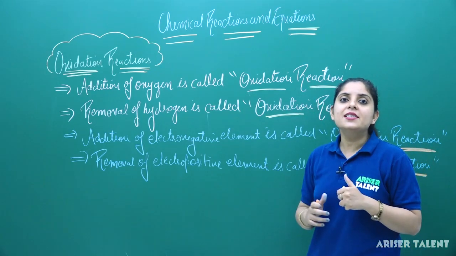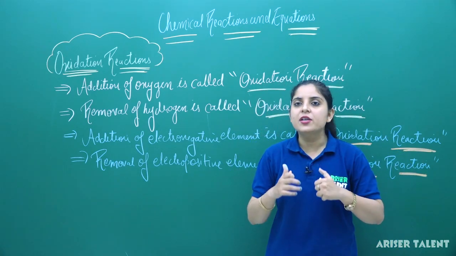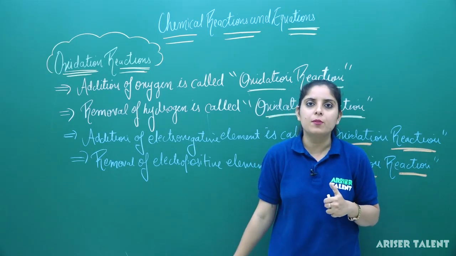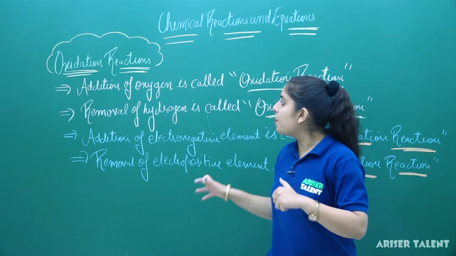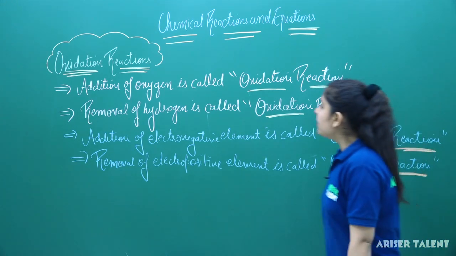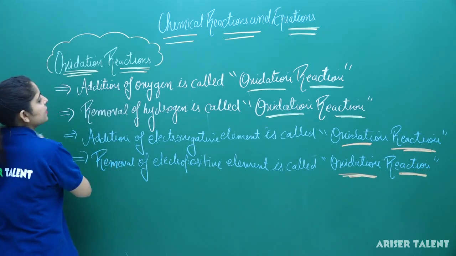Now, let us take some examples to understand how oxygen is added to the reactant and how hydrogen is removed from a substance. Clear? So, just copy this part from here. The first case we are considering here is all about addition of oxygen.